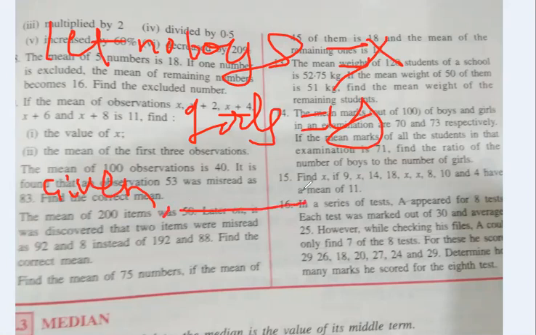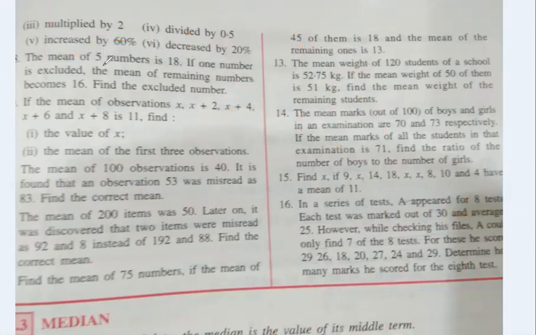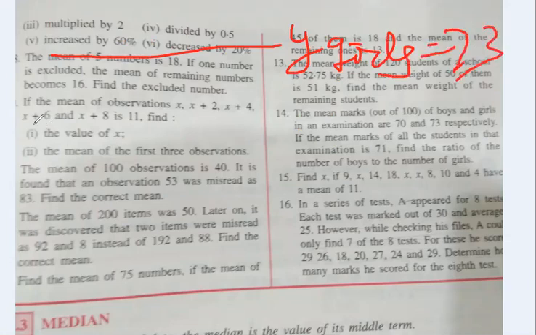Given mean of X boys is equal to 70. Therefore, sum of the marks of X boys is equal to 70X. This is the first equation. Mean marks of Y girls is equal to 73.